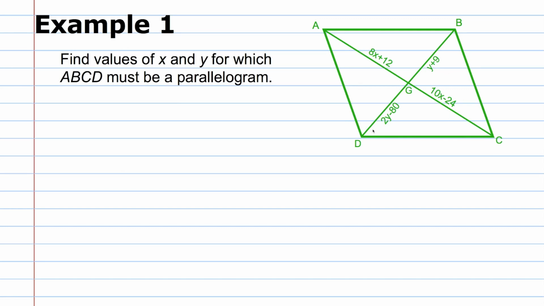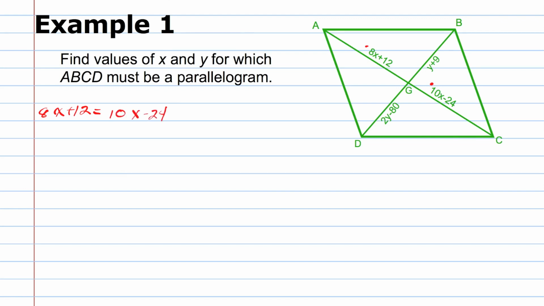And for this shape to be a parallelogram, the diagonals bisect each other, which means that this right here, 8x plus 12, must be equal to 10x minus 24. So we can write an equation from that. 8x plus 12 is equal to 10x minus 24.